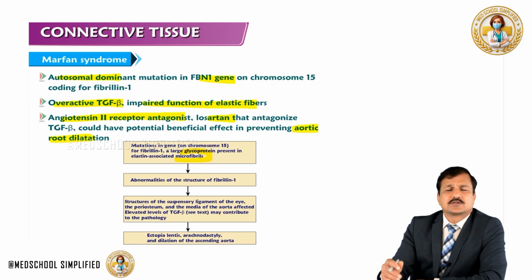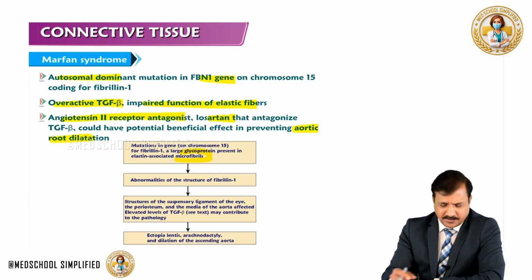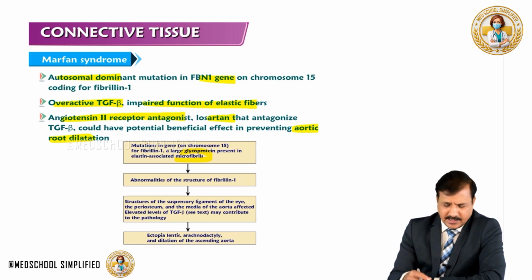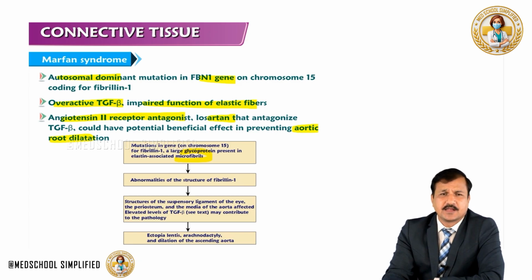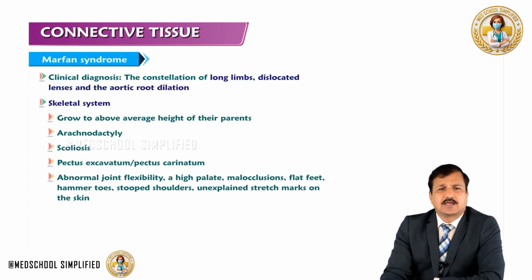All these tissues may be affected, and also there will be elevated transforming growth factor beta which will contribute to the pathology. Some of the things mentioned in the flow chart are ectopia lentis, arachnodactyly, dilatation of the ascending aorta, all that.